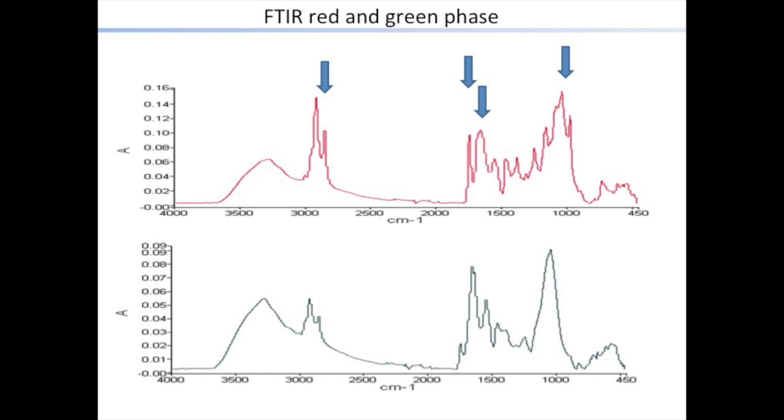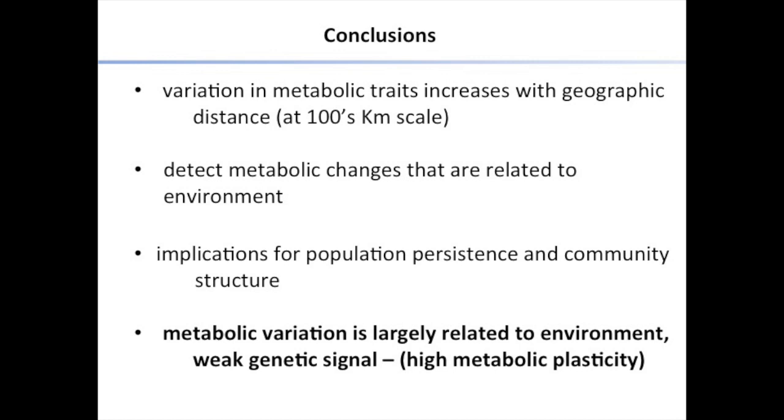So to conclude then, hopefully I've convinced you over this past half an hour that these metabolic techniques can be quite a useful tool to look at metabolic traits in line with other traits we see in plant physiology. And these traits can vary with distance, something like tens of kilometers apart. Maybe those distances will narrow when you're in much more extreme environments like Antarctica.